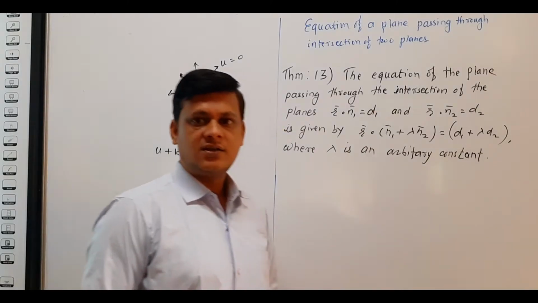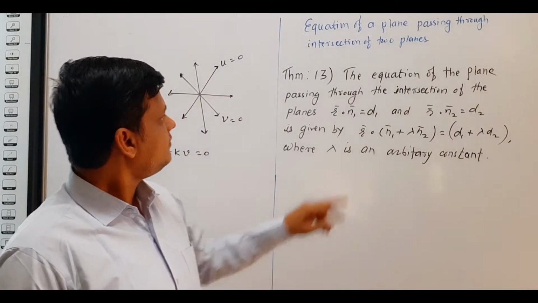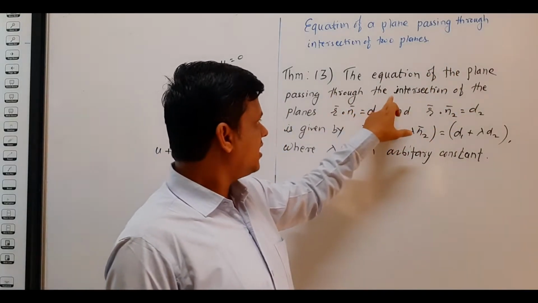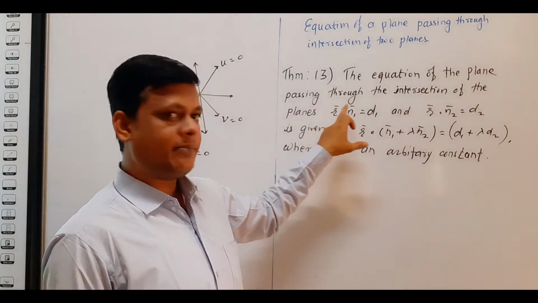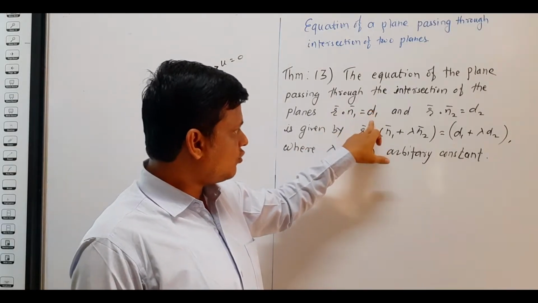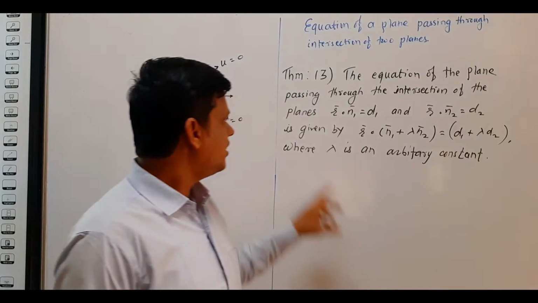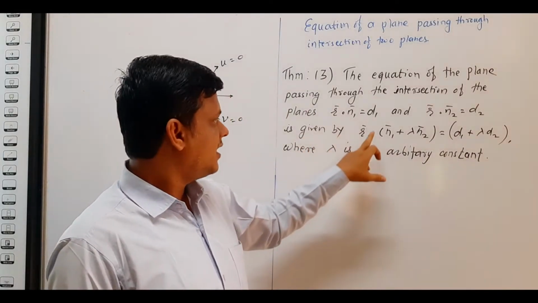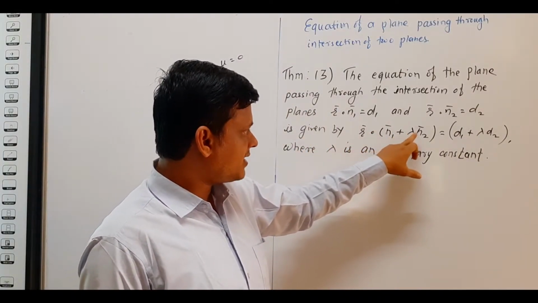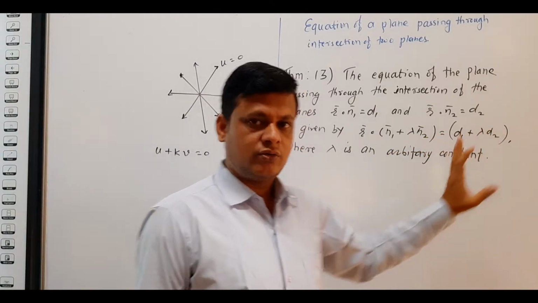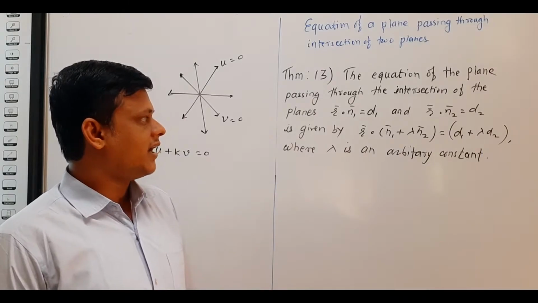So see here statement of the theorem. The equation of the plane passing through the intersection of the planes r bar dot n1 bar is equals to d1 and r bar dot n2 bar equals to d2 is given by r bar dot n1 bar plus lambda into n2 bar is equals to d1 plus lambda into d2, where lambda is an arbitrary constant.